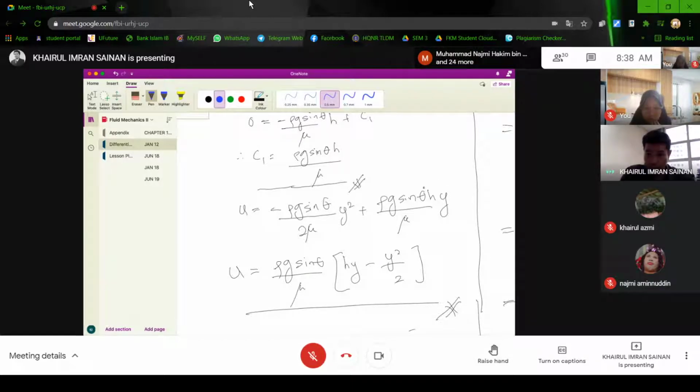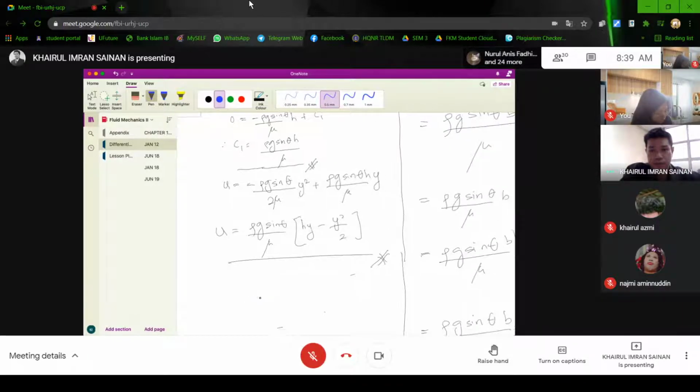This one becomes hy, positive, minus y squared divided by 2, and everything else we put outside. So that is the expression for the velocity profile for this case. Any questions?